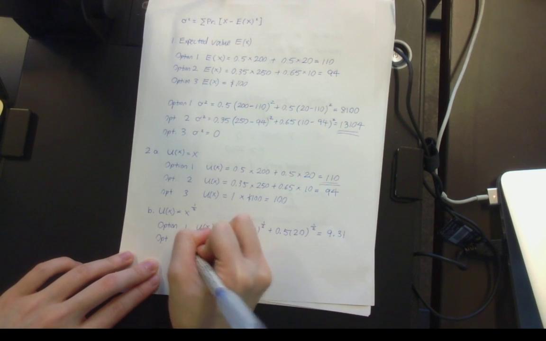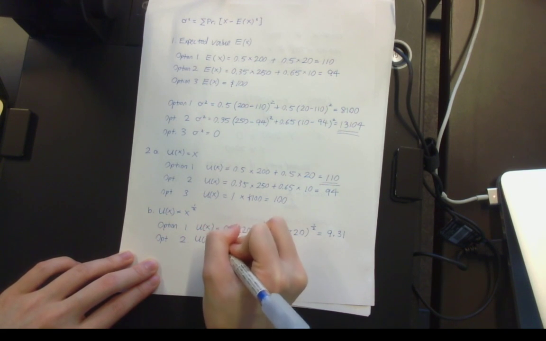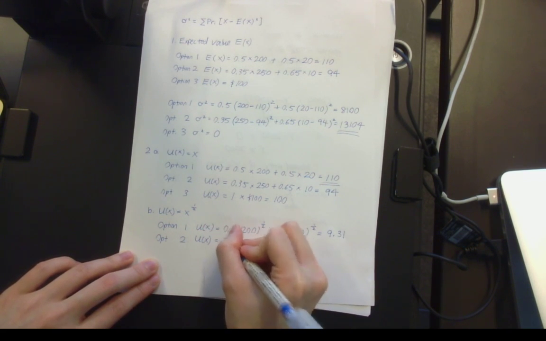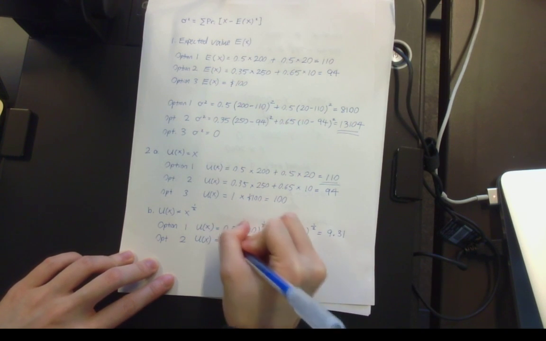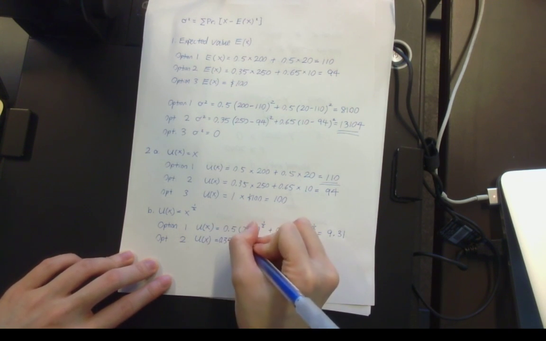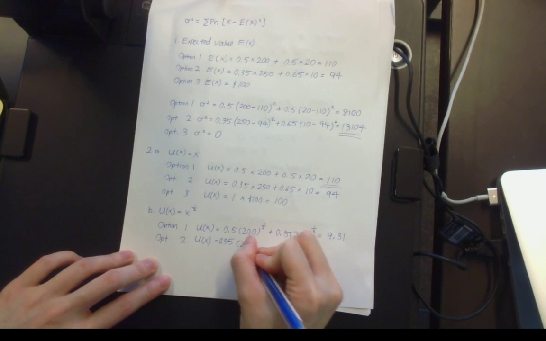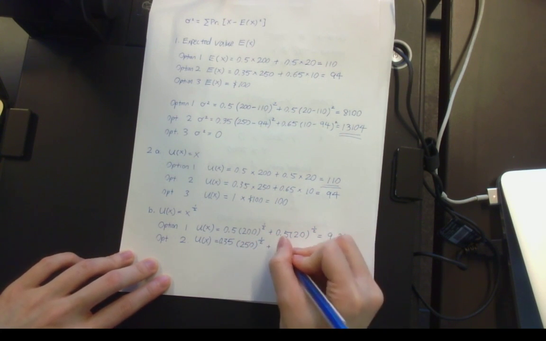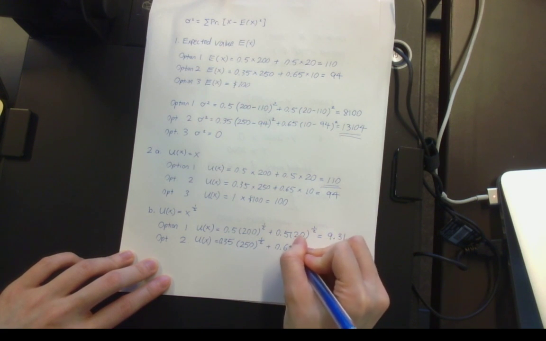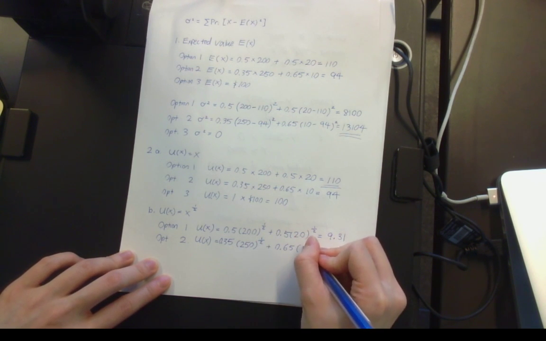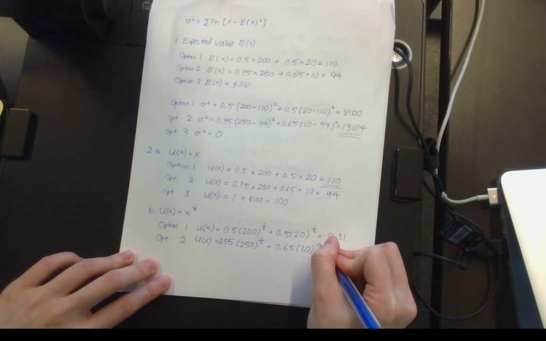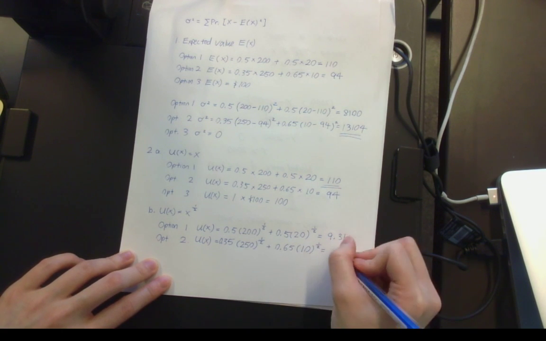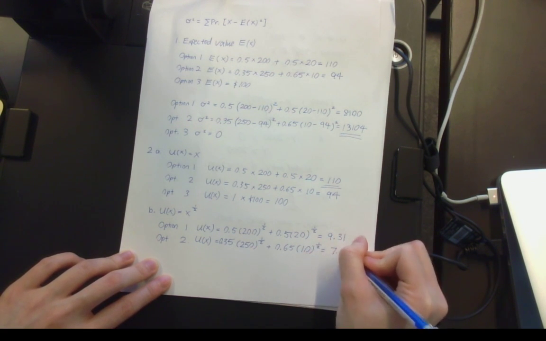Option 2, you do the same thing. 35% times 250 to the power of 1/2 plus 65% times 10 to the power of 1/2, you get an expected utility of 7.59.